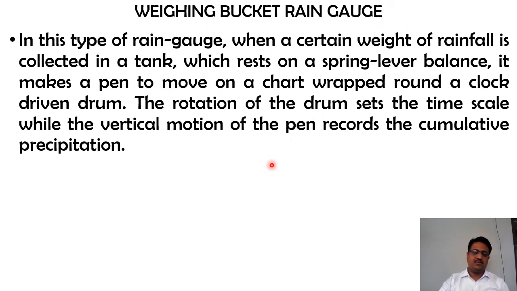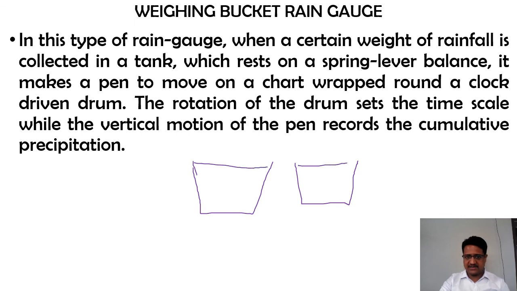And one more important point here is that with this weighing bucket type, you can even measure snowfall. You can measure snowfall, but there is a condition. Imagine I have two buckets and both are filled up.